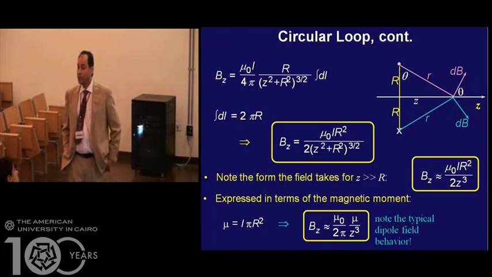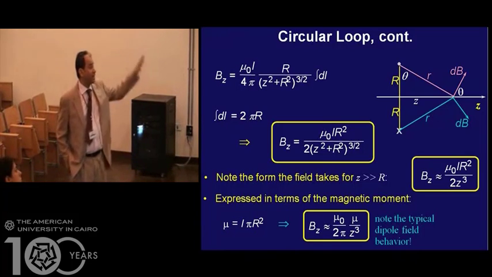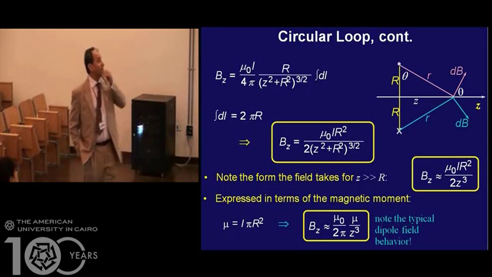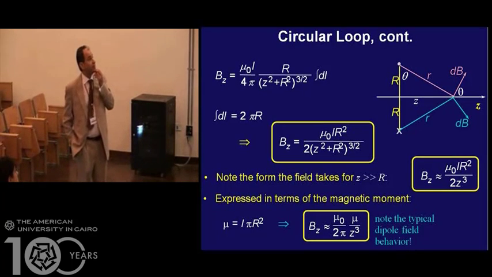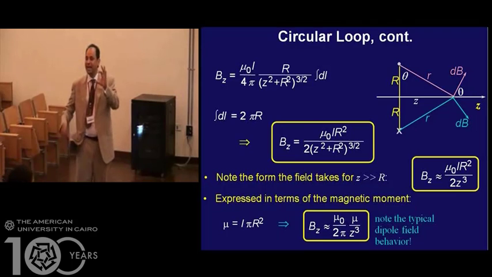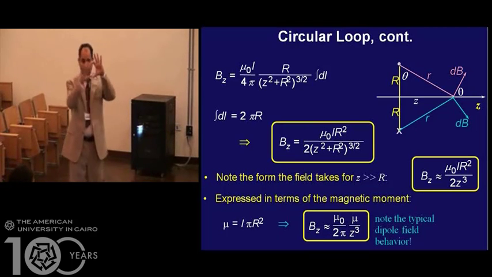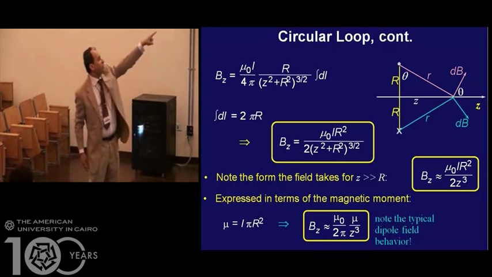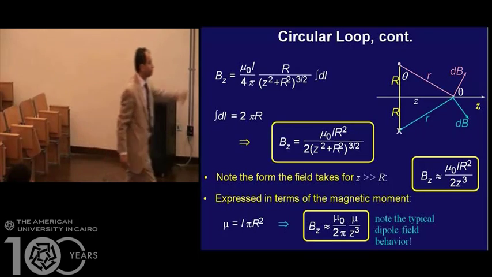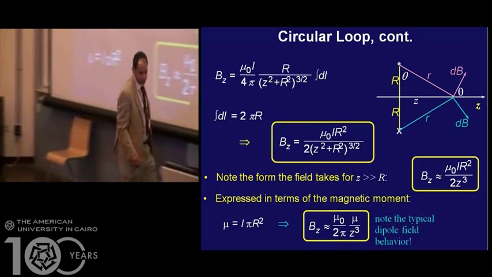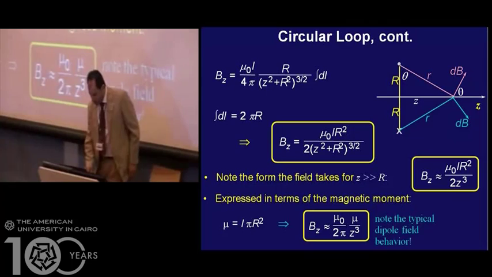But before we leave that equation, I want you to look at it. Assume that I'm trying to find the magnetic field at the center. This is the loop. I'm not trying to find it here, I'm trying to find it at the center, which means z equals 0. Put in that equation z equals 0.